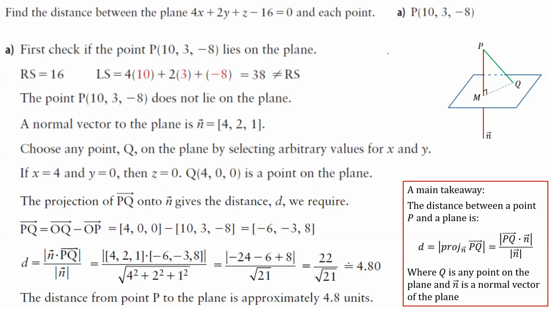We also know the components for vector PQ. So put all the values in, we have 22 over square root 21, which is approximately 4.80, right? Therefore, the distance from point P to the plane is approximately 4.8 units.